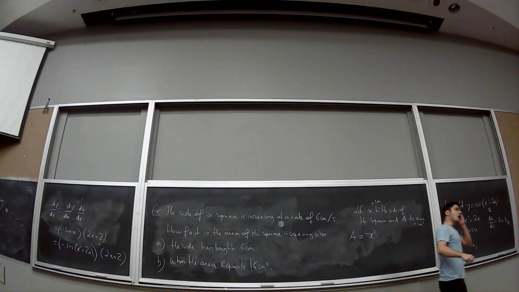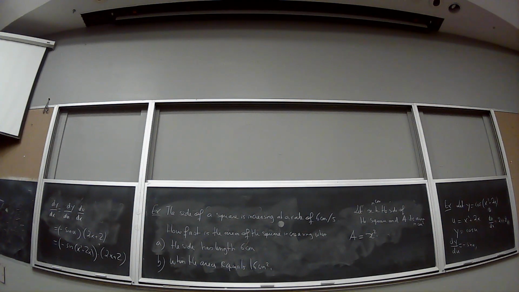Now, I want to find how fast the area is increasing. With respect to what quantity? A and x are functions of what here, really? Do you guys see this?